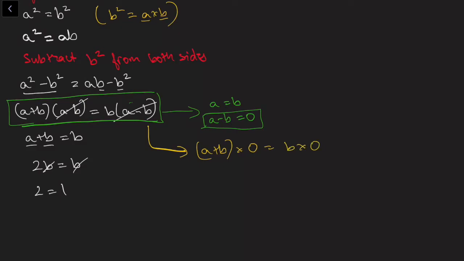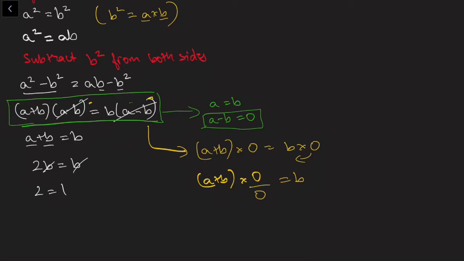Now what we actually did by cutting these two sides was shifting a minus b to the other side. So let's say a plus b into 0, and let's shift this 0 here. So that'll be 0 divided by 0 is equal to b.